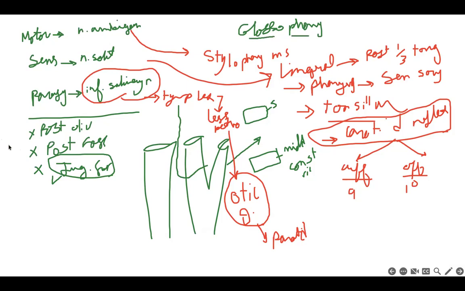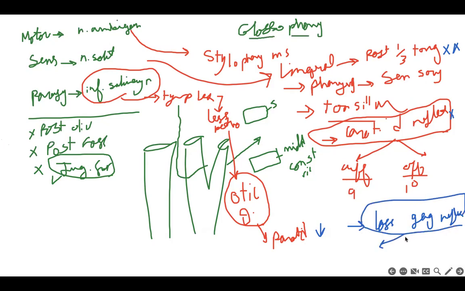Okay, what happens in a lesion of this nerve? Number 1, decreased secretion from the parotid, loss of taste and the general sensation from the posterior one-third of the tongue, and the loss of the carotid sinus reflex, and also one of the most important, loss of the gag reflex. We have two reflexes, the carotid reflex and the gag reflex.